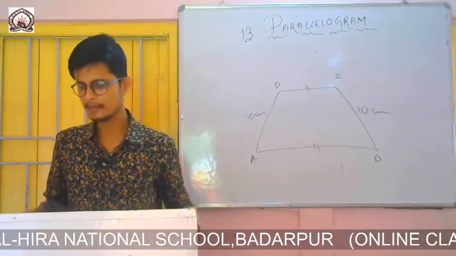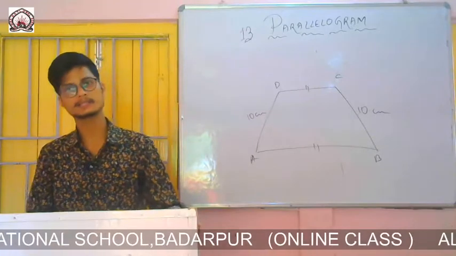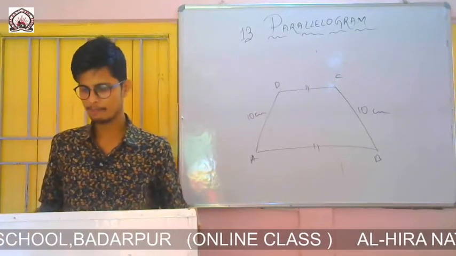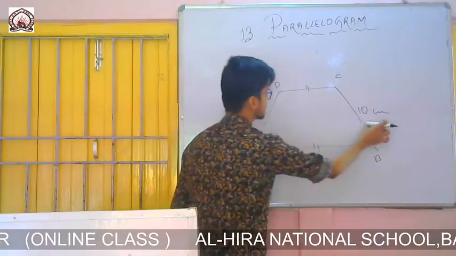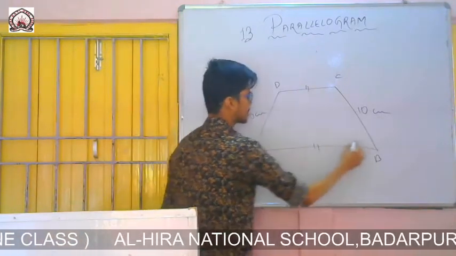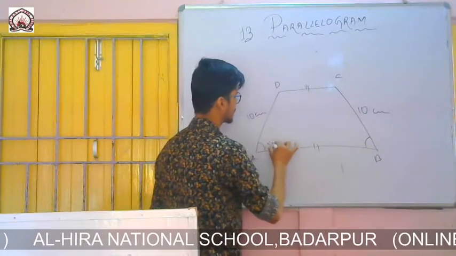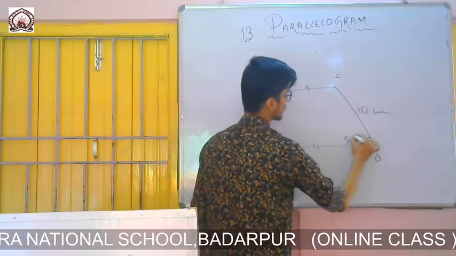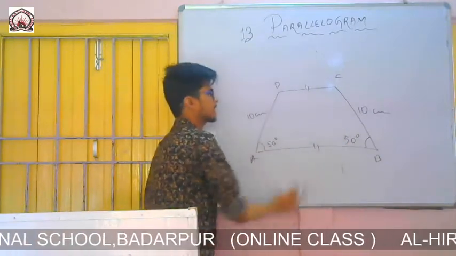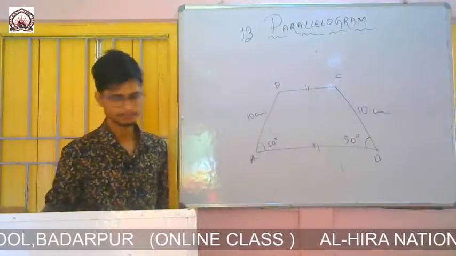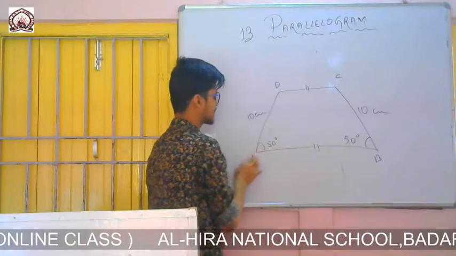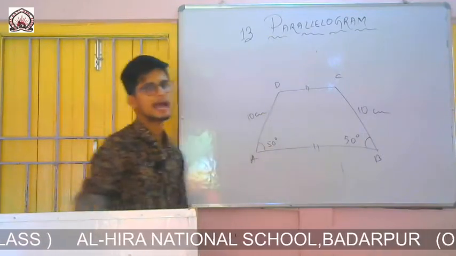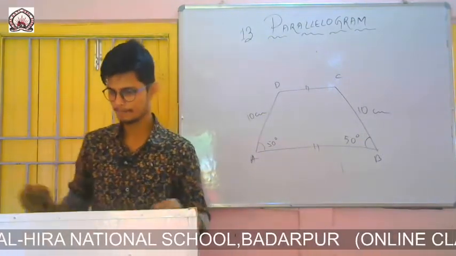Each pair of base angles is equal. If this one is 50 degrees, this one will also be 50 degrees. The two sides are of equal length and the base angles are equal. It is an isosceles trapezium.